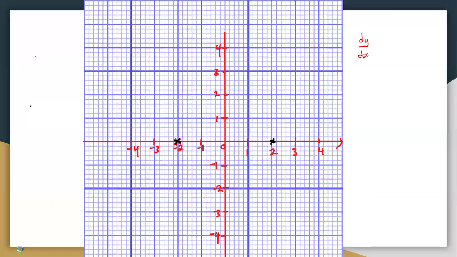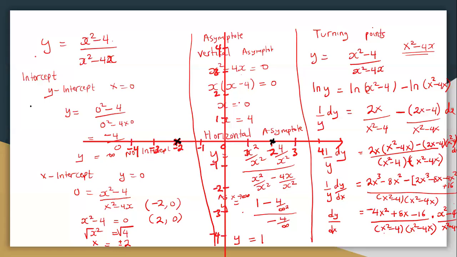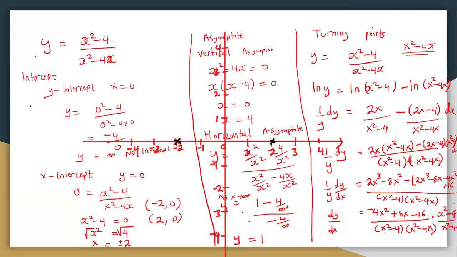Then next we had our asymptote. The vertical one was x equals 4. So that asymptote will look like this, to go through this, and this is for x equals 4. Then we had y equals 1. That one goes like this. I'm just confirming y was equal to 1.